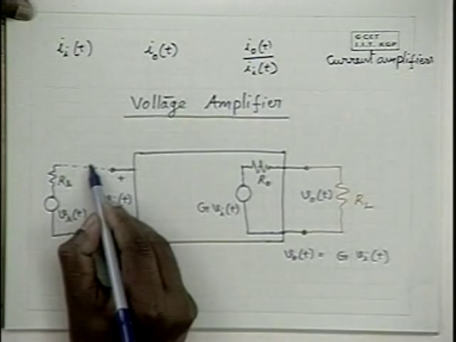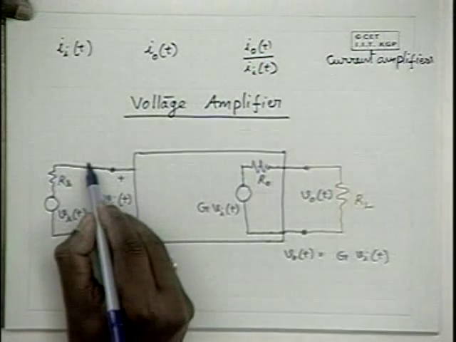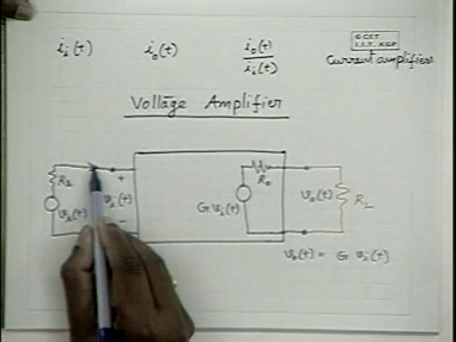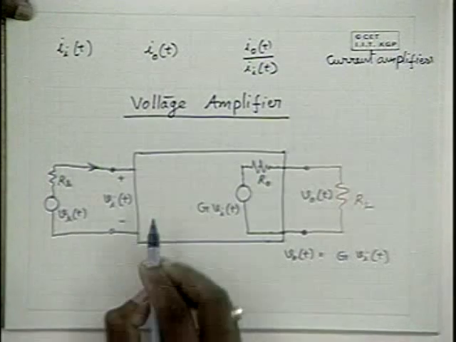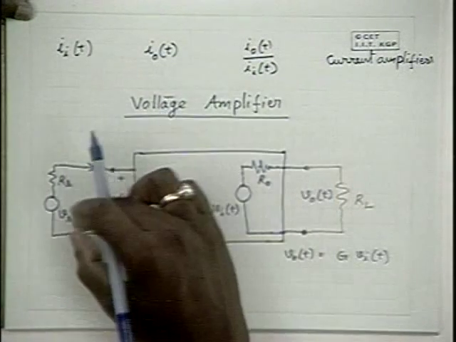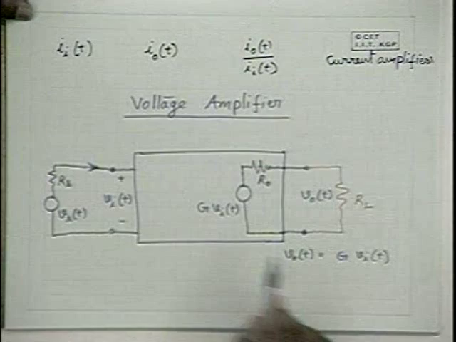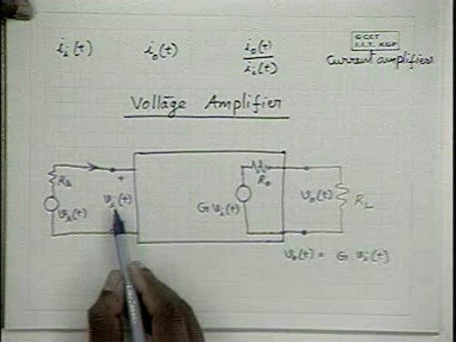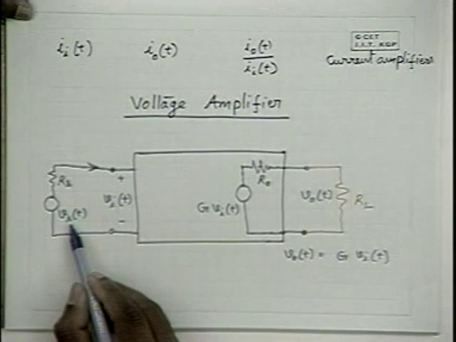That means it draws some current from the voltage source. And because of this current drawing, this voltage VIT is going to be smaller than VST because of the equivalent series resistance. Now, how much does it drop from VST?